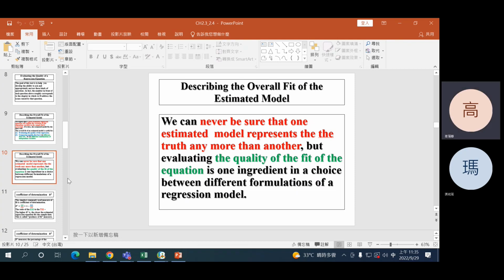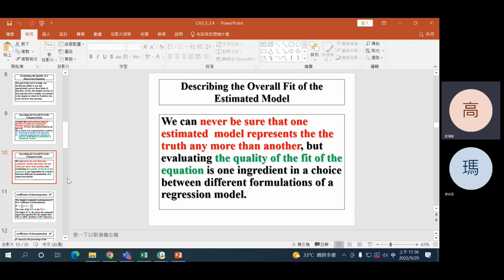There's one thing I have to also point out. We can never be sure that one estimated model represents the truth any more than another, because all these estimated models are from the sample. So no one can represent the truth any more than another.